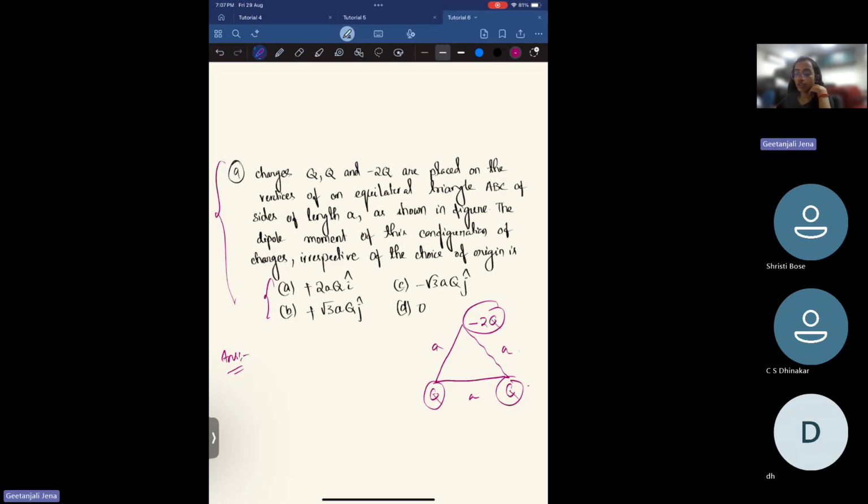So there will be no contribution to the potential from monopole moment. But for this case, you need to find out the dipole moment. Recall the formula once.